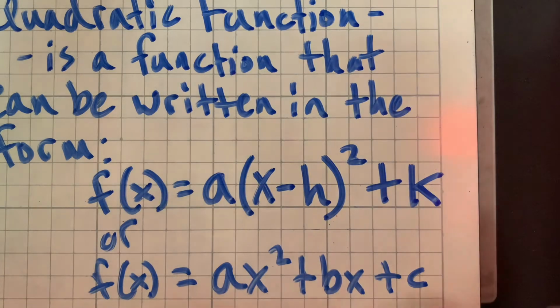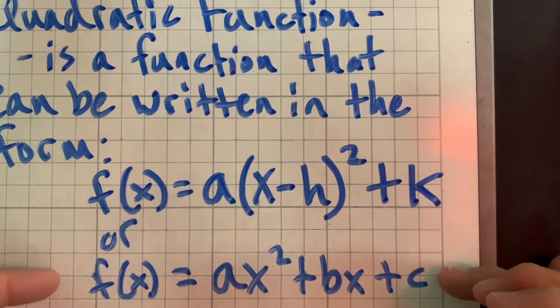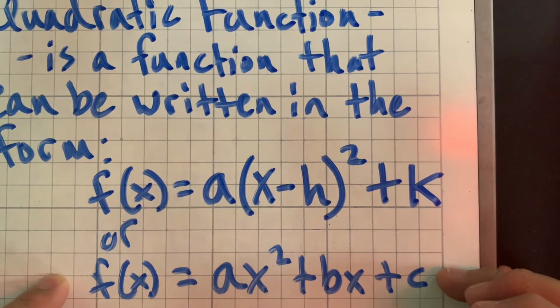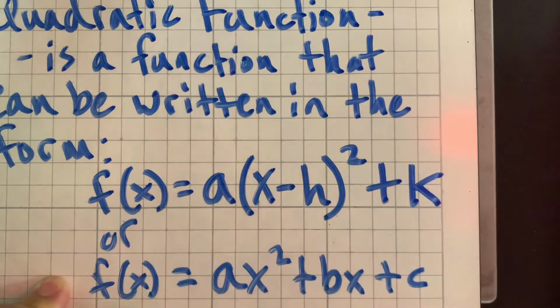We know that this is a quadratic function just by looking at it, because when you're told to write something in standard form, your variables have to be in alphabetical order and your exponents have to be in descending order, meaning you start with the highest exponent and go to the smallest. So I know this is standard form for a quadratic function because my highest exponent is 2. Quadratic functions have their highest exponent, or degree, has to be 2. If it's not 2, then it's not a quadratic function.